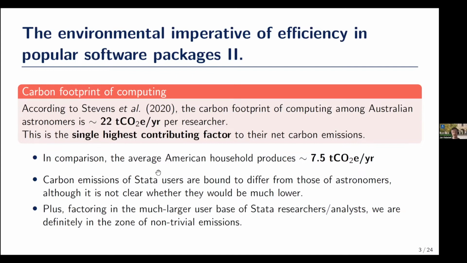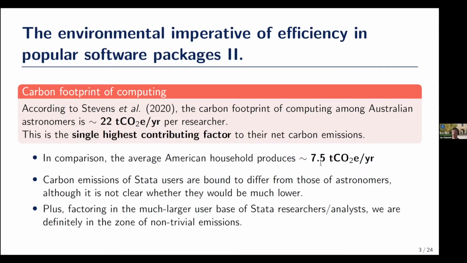And just to put it a little bit into comparison, you can read here that the average American household, right, household, not the person, produces about 7.5 tons of CO2 emissions per year. So that's quite a bit higher. Now, of course, the carbon emissions of people who use statistical software like Stata are probably different from those of astronomers.